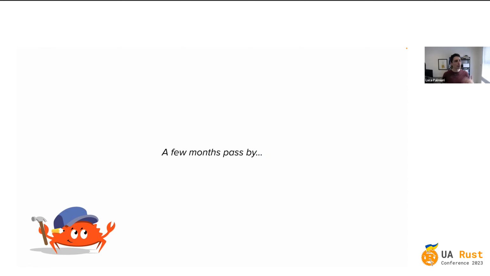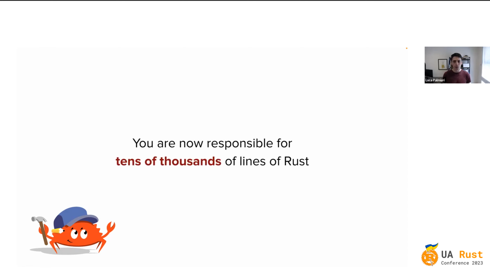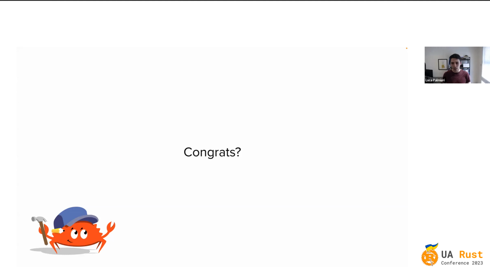A few months pass by, you're hands down coding, building this new system, and eventually you're responsible for tens of thousands of lines of Rust, which make it into your production environment. And this is usually the point in time where you go on your blog, or on YouTube, or on Reddit, and you say, we wrote our system in Rust, and everybody claps, and you're happy, and you get karma points.